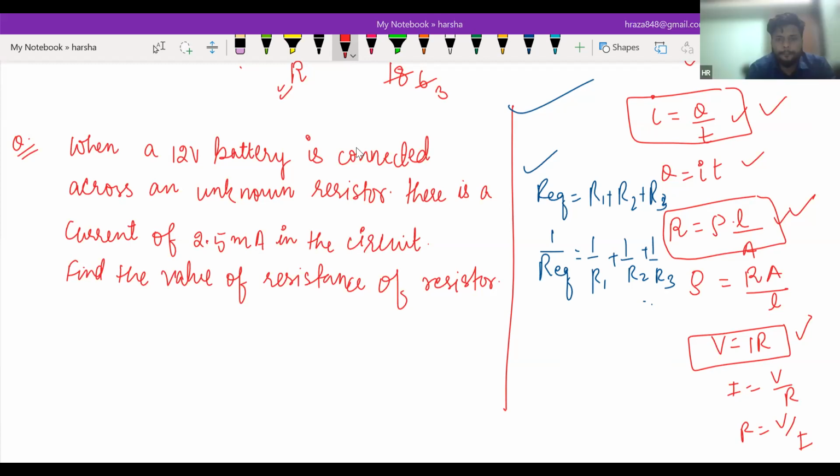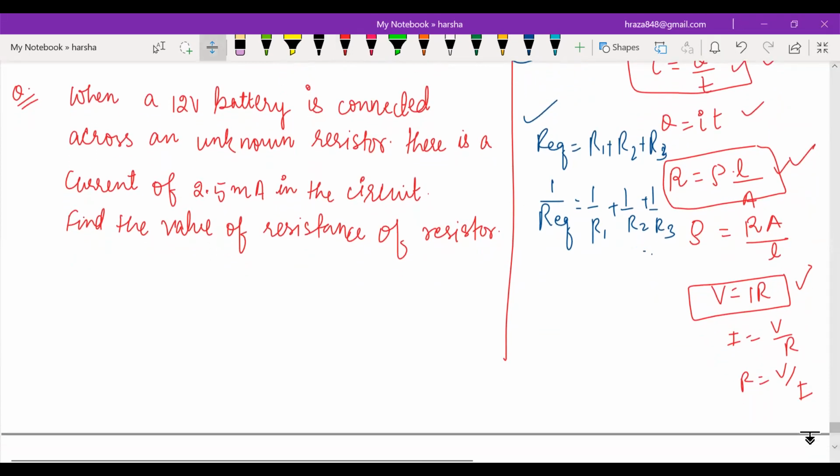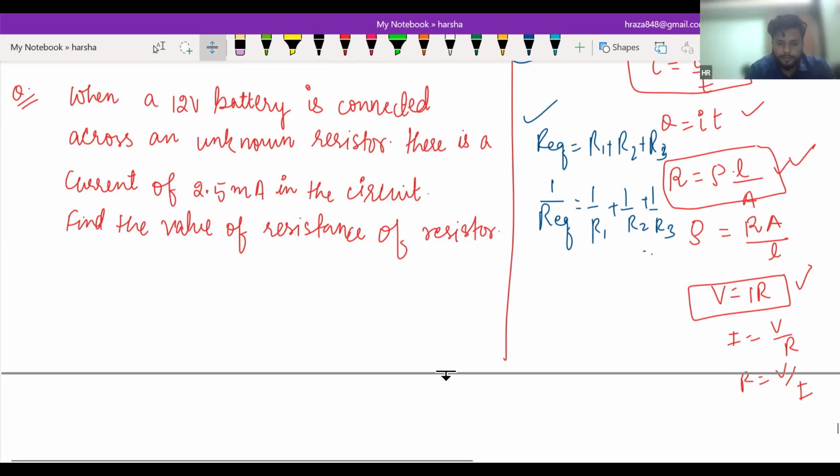Done. Sir, 4800 ohm. Is it 4800? Yes, sir.